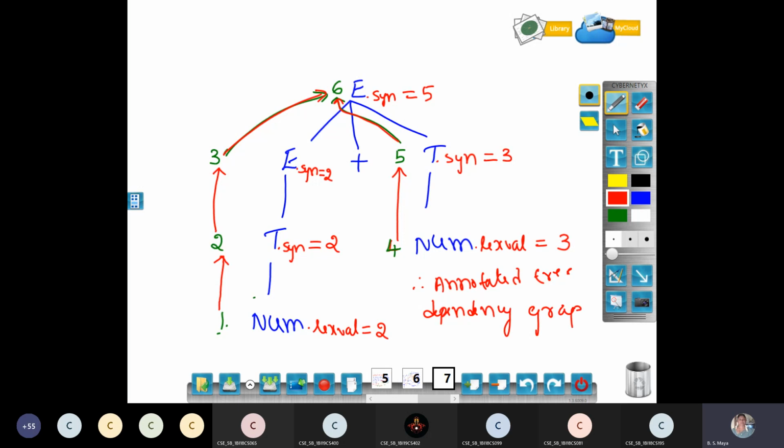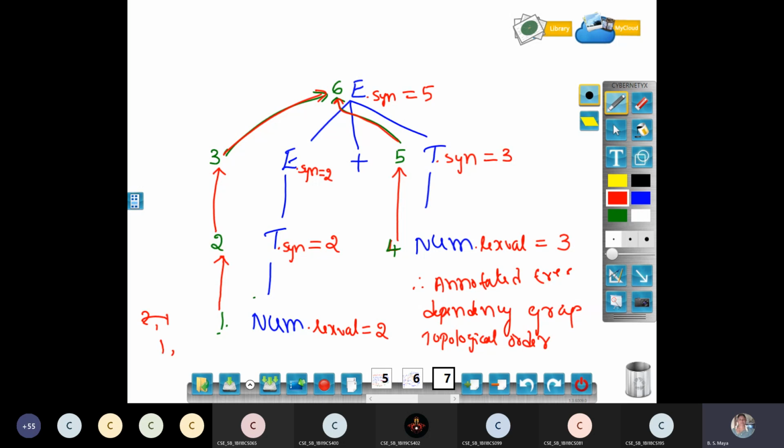Okay, the next step I want to write is the topological order. See, in topological order, n1 should always be less than n2. Whenever you write, don't write 2, 1. Can I write 2, 1? It should always be that the first one is evaluated first.